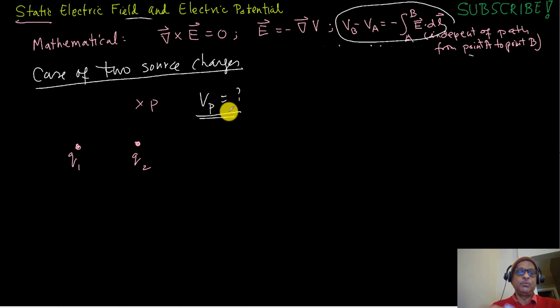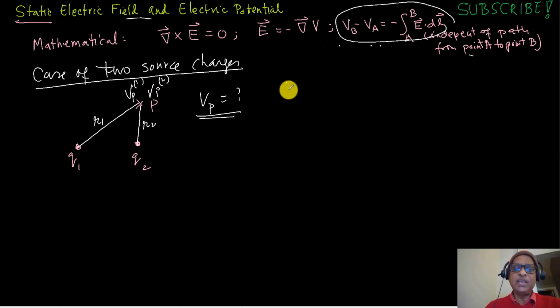Okay, we know this source charge will have its electric potential over here, V at P for 1, and this will depend on this distance, and this will depend on this distance, and this will produce V at P of 2.